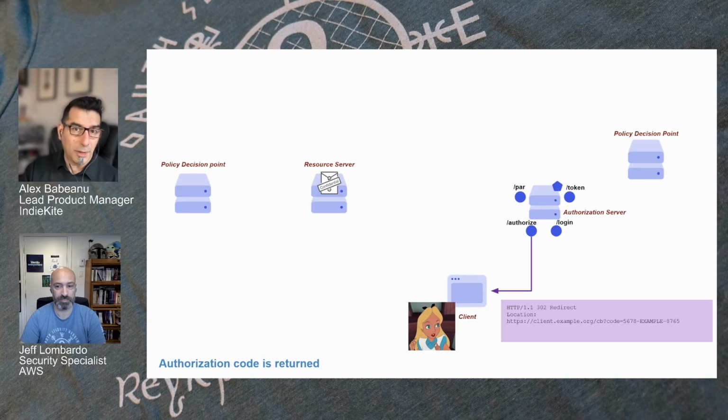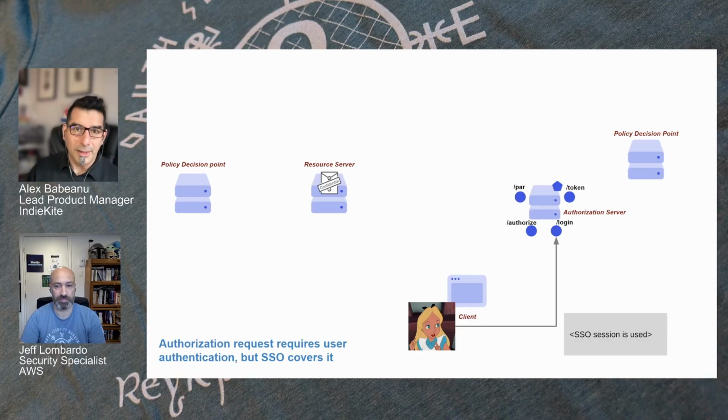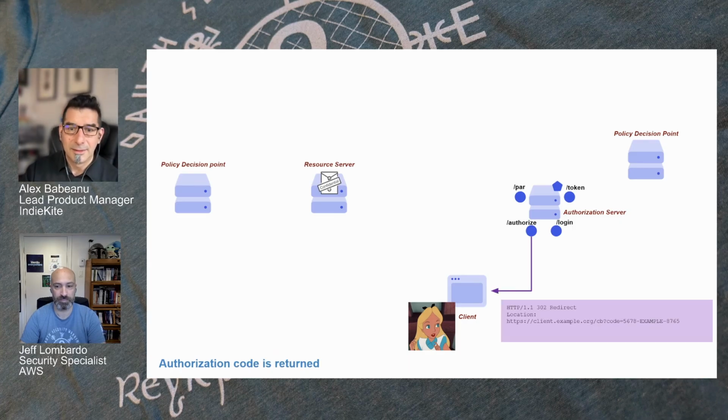But now that PAR request had all the required elements, and because Alice had already logged in, the session is found by the AS, and therefore the AS redirects the client to the token endpoint where the right proof of possession and the right assertions can actually be provided.